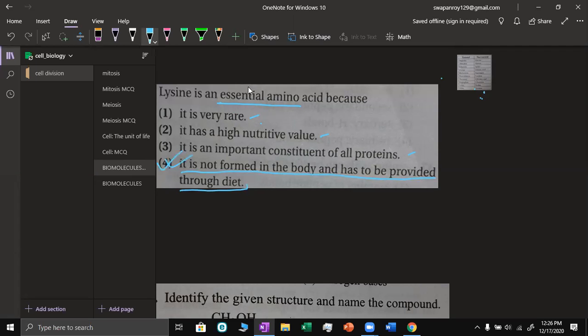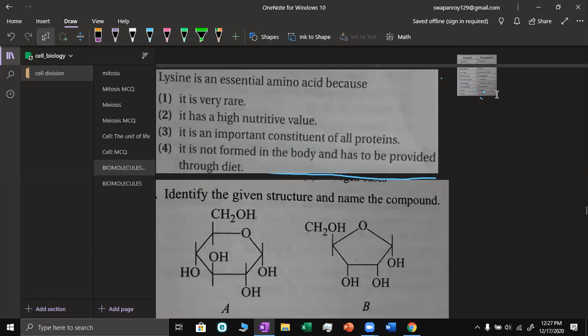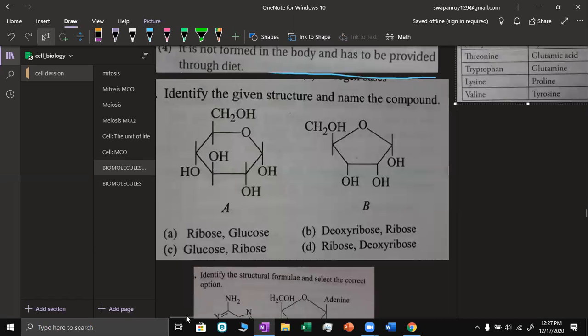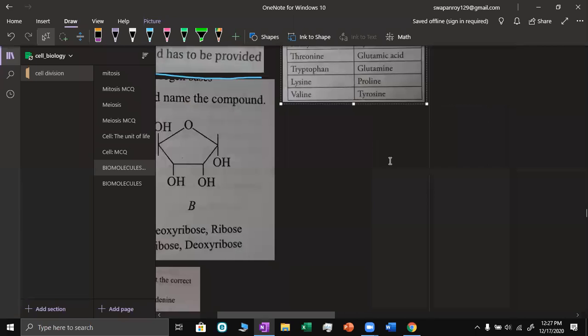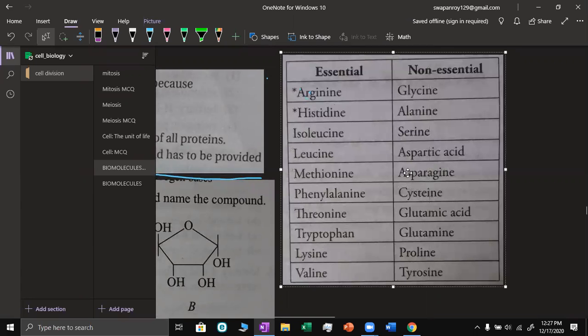Okay. So here we have a list of essential and non-essential amino acids.